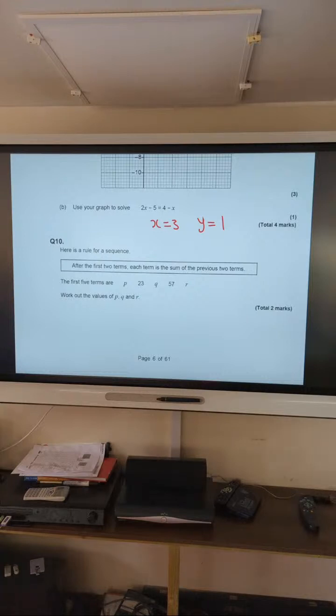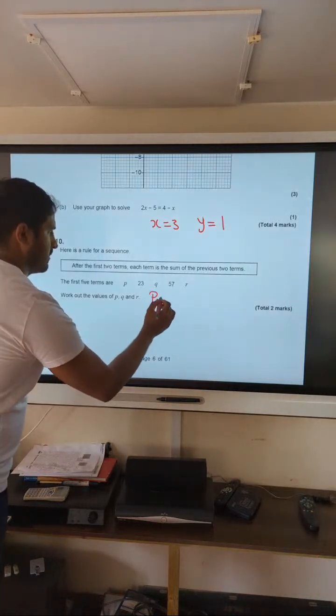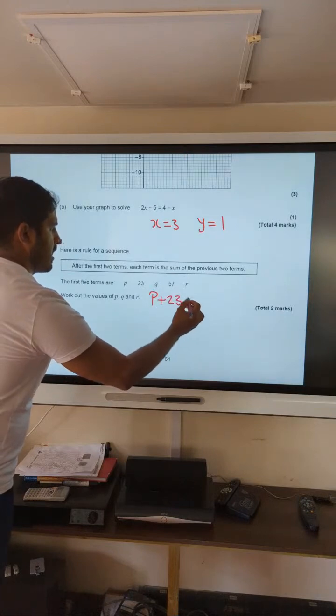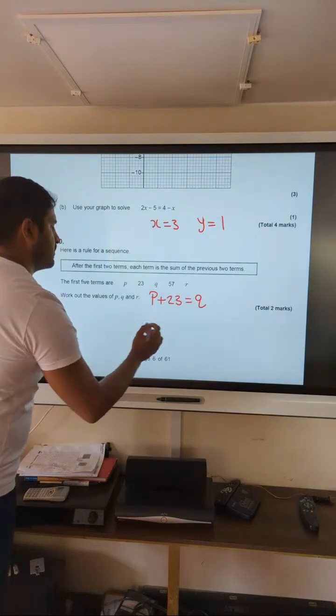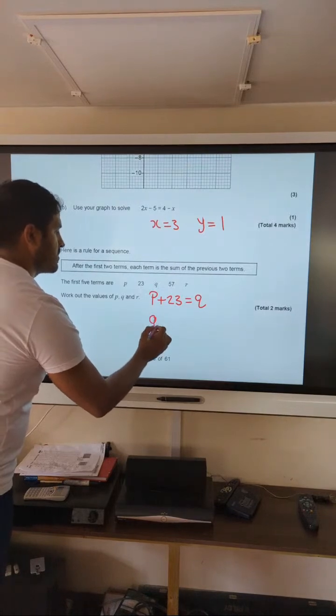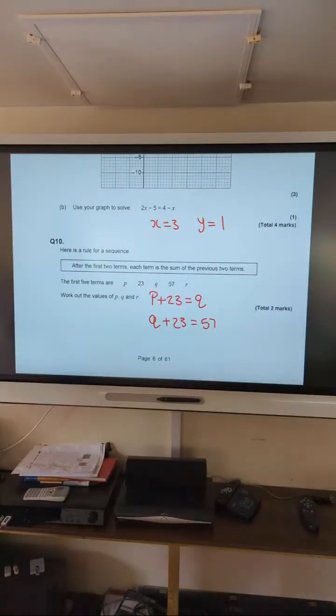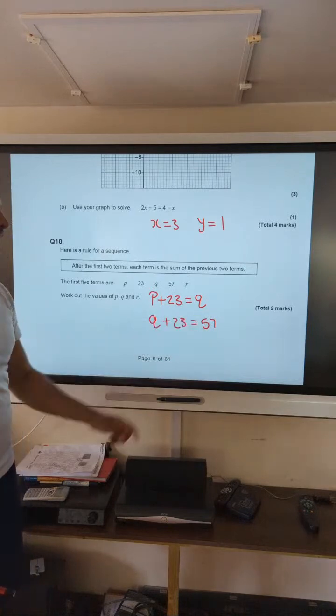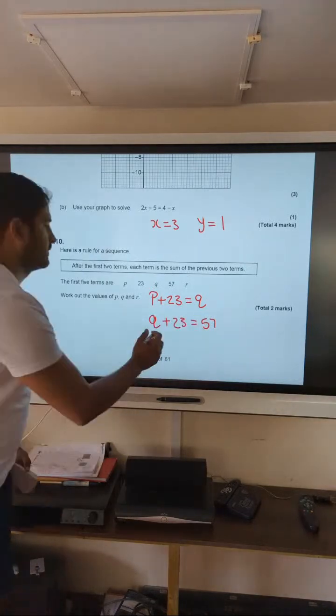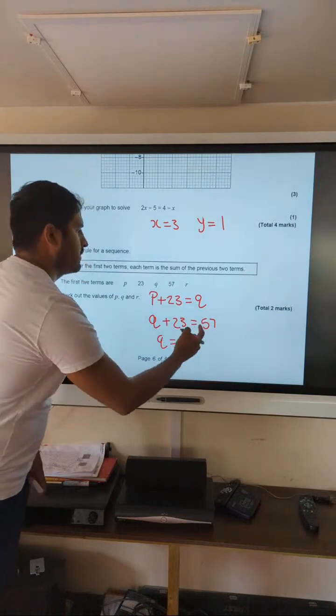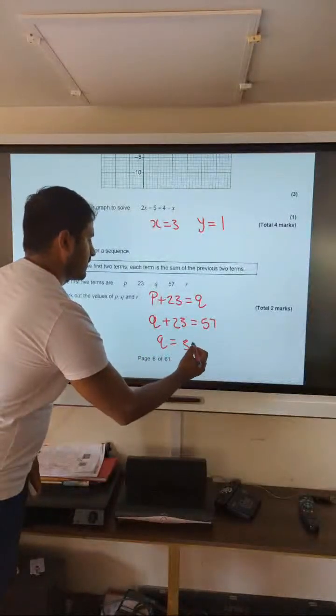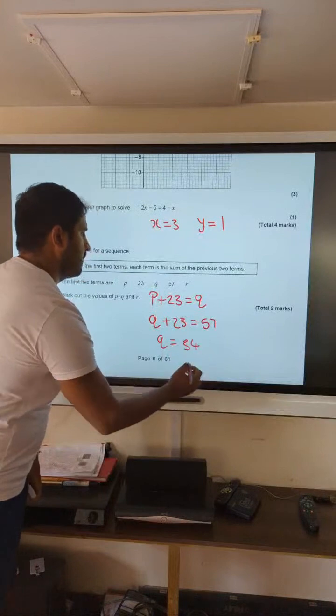So we're going to write it down saying, okay, P add 23 is equal to Q. And then Q, take away 23 from 57, it will give you Q. So Q is equal to 34.